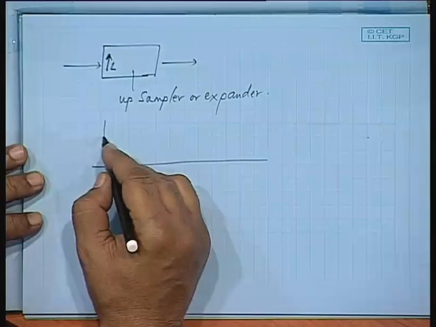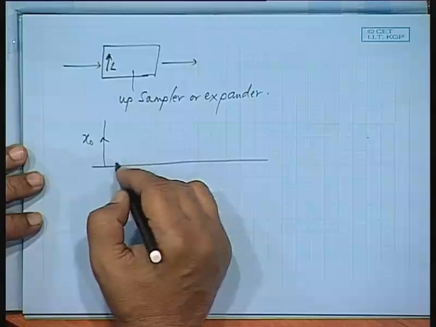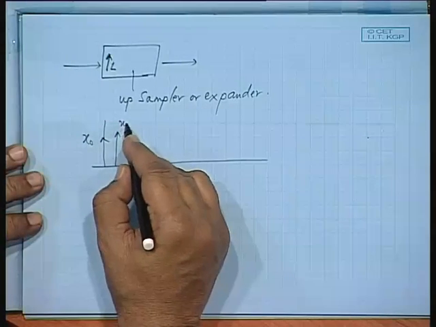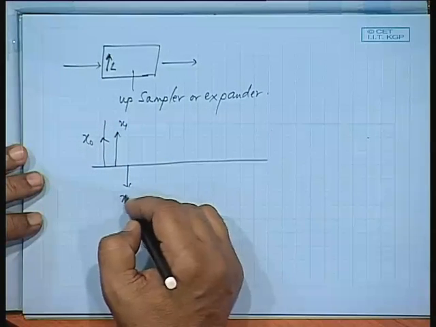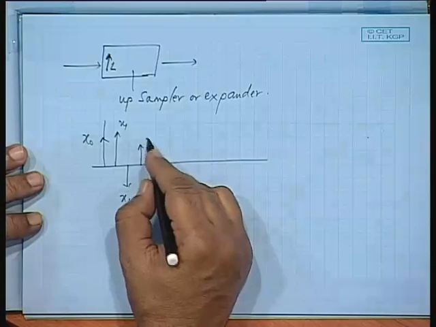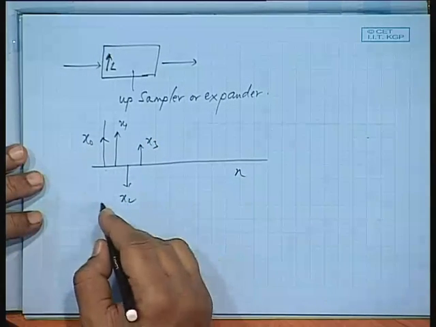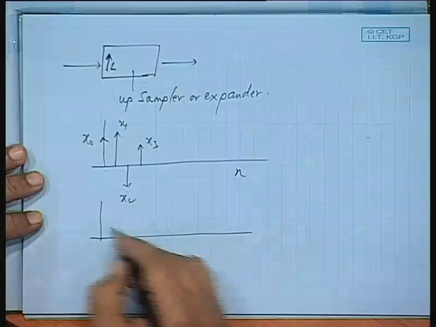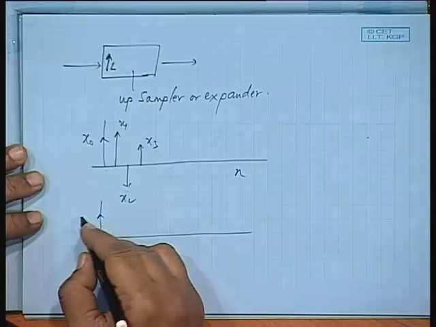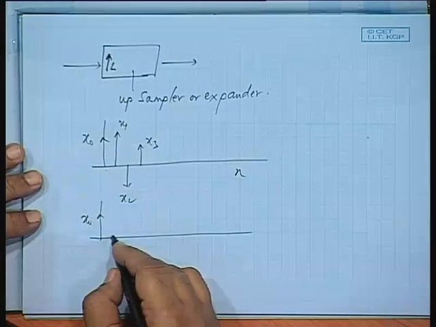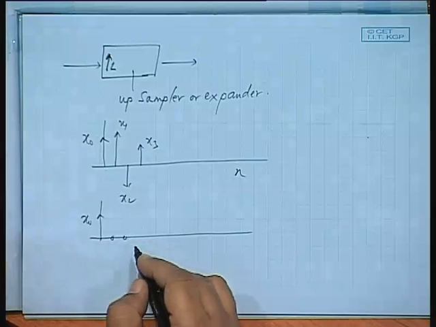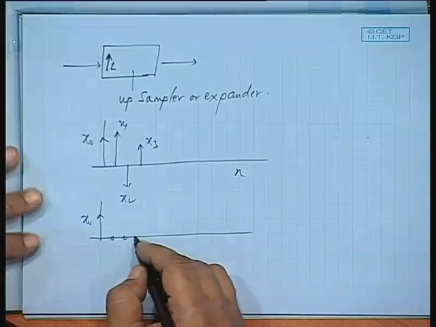So, if you have x0, x1, x2, x3 like this, a sequence, in the time domain it will be expanded: x0, then I push in a few zeros.